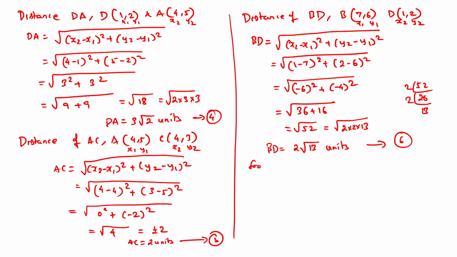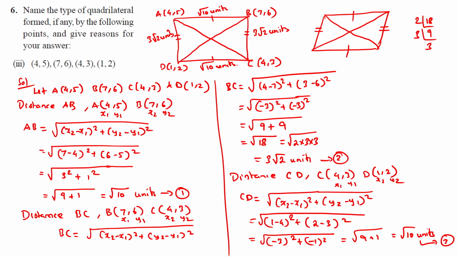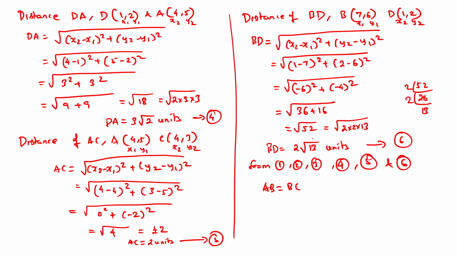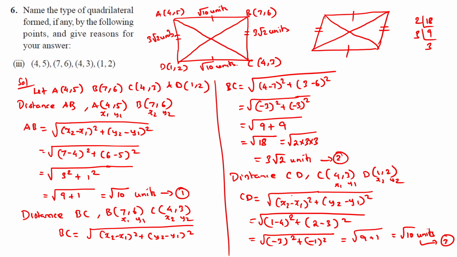So from equations 1, 2, 3, 4, 5 and 6, AB side is equal to CD side, and similarly BC side is equal to DA side.